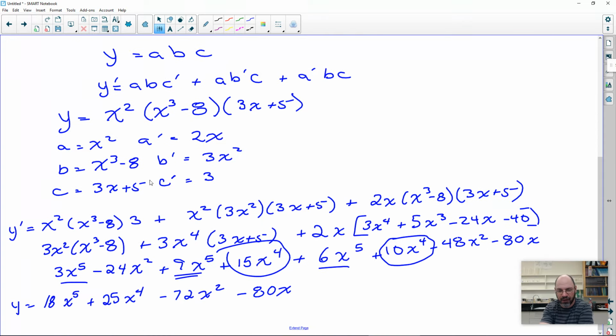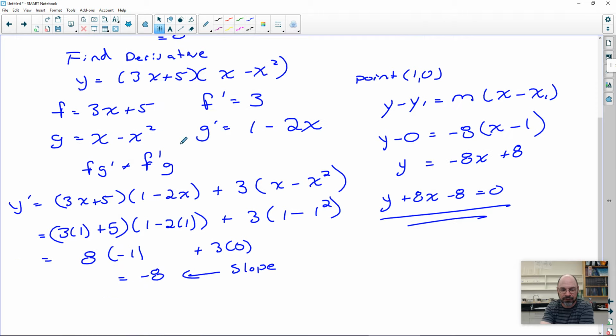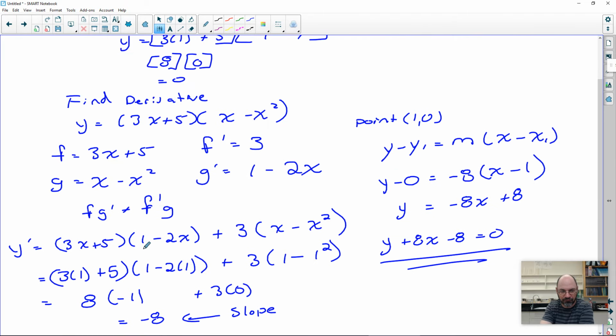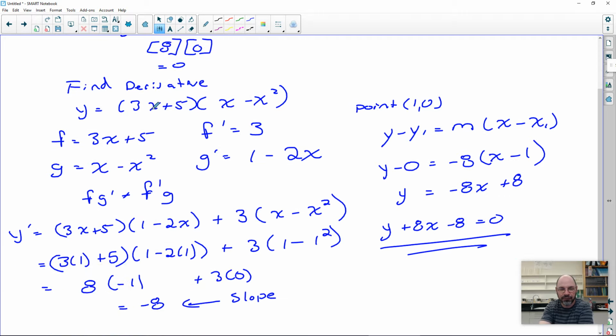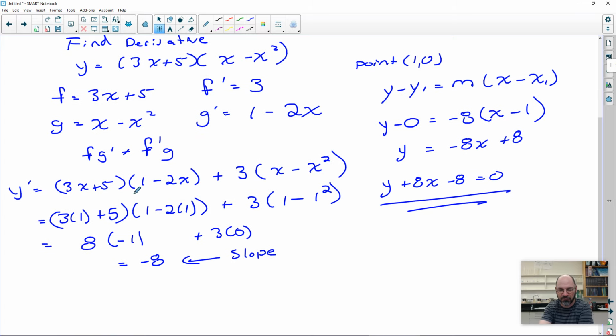Okay, and then you can simplify when it's really simple like these, but most often I just get you to leave it in factored form. Even when you're doing these questions where you find the tangent line to that curve at x equal 1, what you do is you find the point, and then you find the derivative, plug in the value and find what the slope is, and then use the slope and point to find the line.